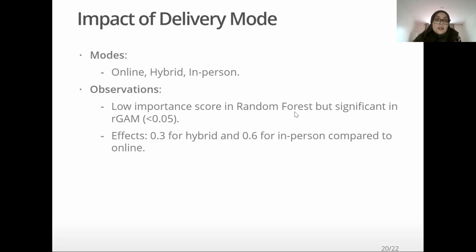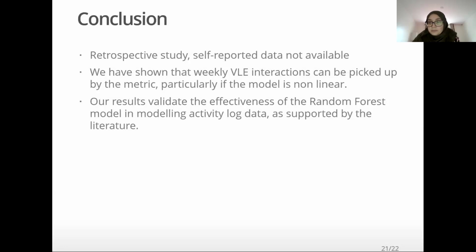It was still significant in the RGAM, but was not as significant in the random forest. Although it is significant in the RGAM model, it still has a very low effect. So it was 0.3 for the hybrid mode and 0.6 for the in-person compared to the online delivery mode. So it's really inconclusive here to say that the delivery mode has an effect.